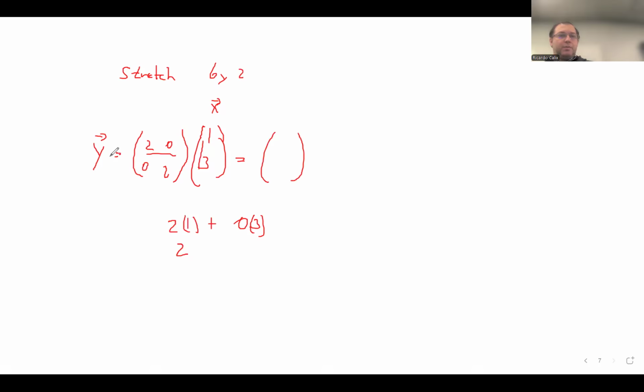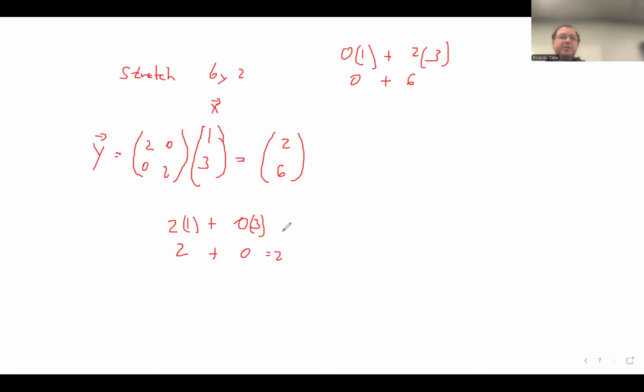That's going to be 2 here, and this is 0, correct? So this should be 2. Now the next one, that's going to be 0, 2 times 1, 3 plus. So that's going to be 0 here, and this is 6. So that's 2, 6. That's the vector that I got.